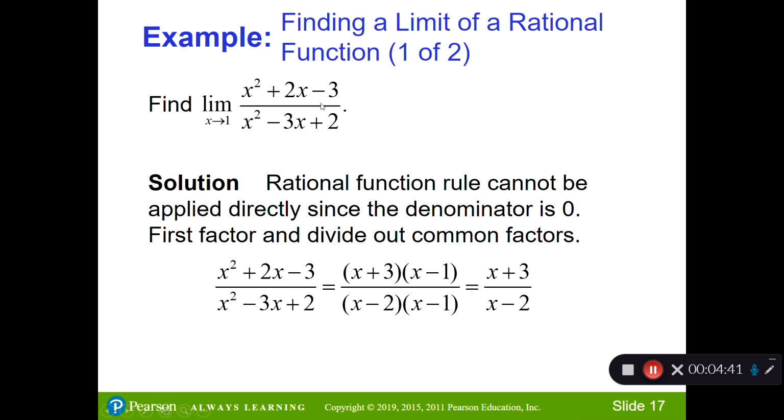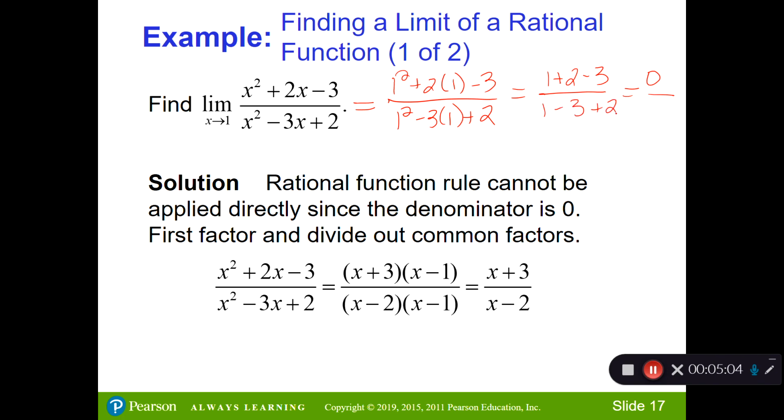All right, now if I plug directly in here, notice what I get. 1 squared plus 2 times 1 minus 3 over 1 squared minus 3 times 1 plus 2 is 1 plus 2 minus 3, that's a 0, over 1 minus 3 plus 2, that's a 0, 0 over 0.